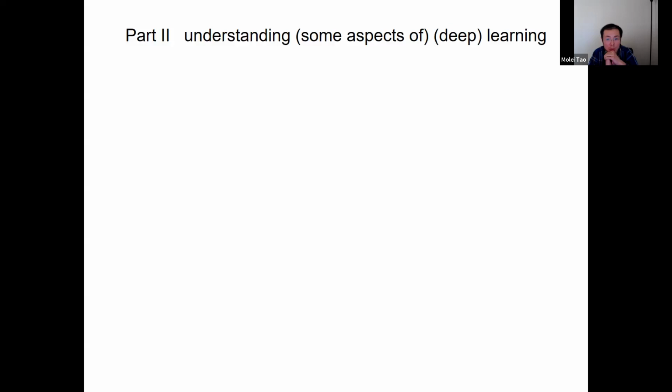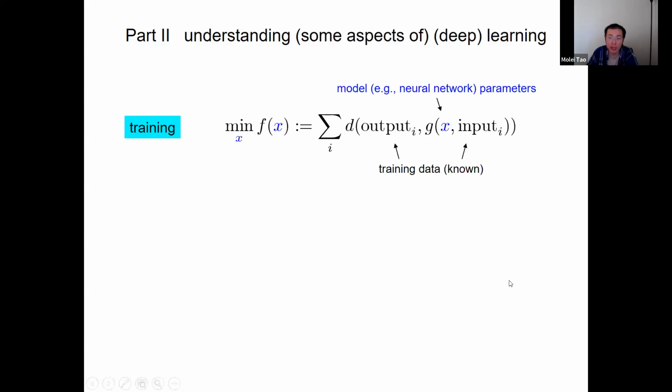So that's part 2. Because we are now trying to understand some aspects of deep learning, let me first do a quick review of some of the jargon and terminology that I'll be using. A paradigm of supervised machine learning has a training phase. Here you are given training data, which is a collection of pairs.